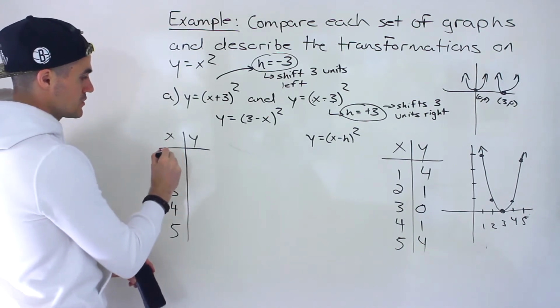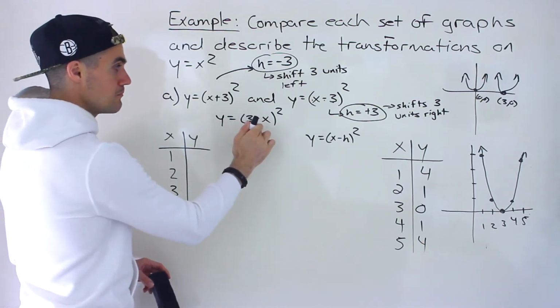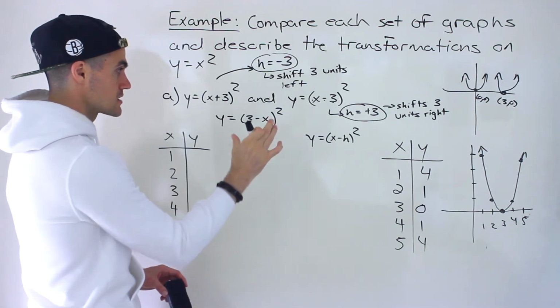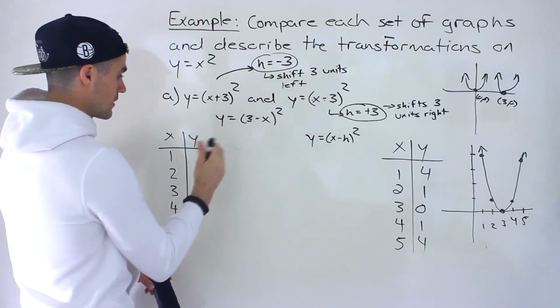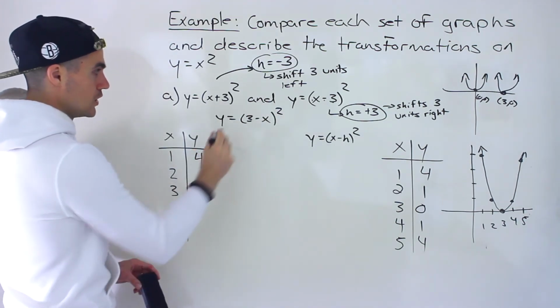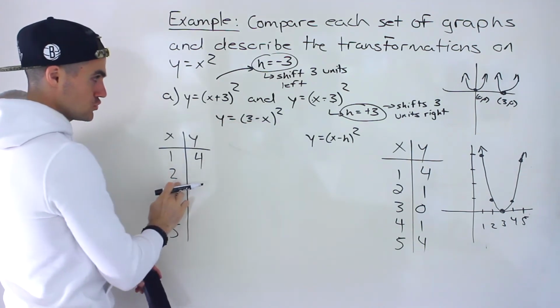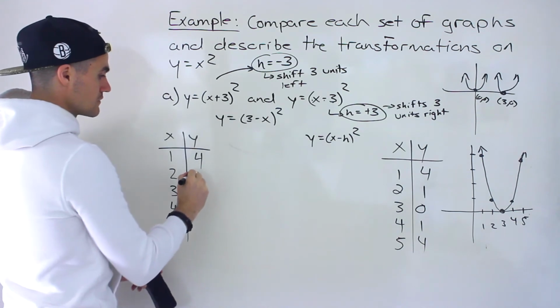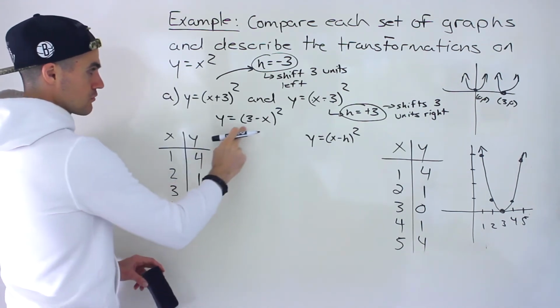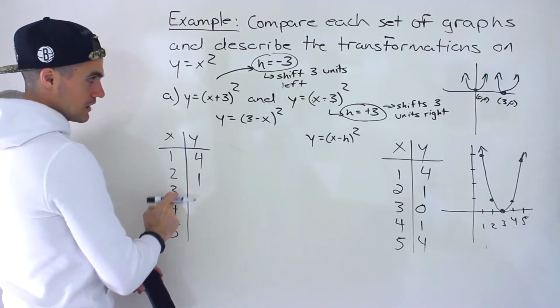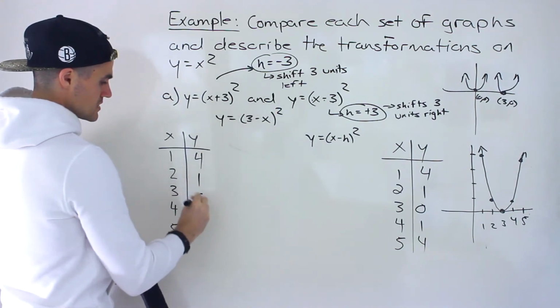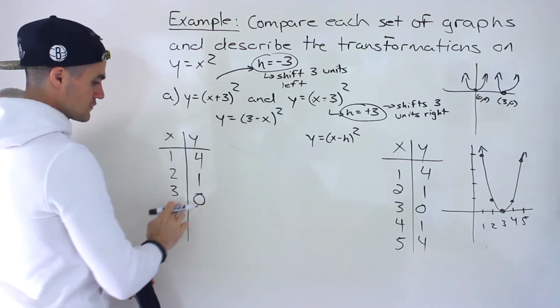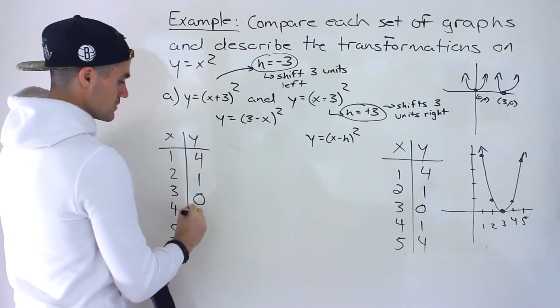So let's see. If we plug in 1 for x, 3 minus x gives us positive 2, to the power 2 gives us 4. 3 minus 2 gives us positive 1, to the power of 2 gives us positive 1. 3 minus 3 is 0, to the power of 2 gives us 0. 3 minus 4, negative 1, to the power of 2 gives us positive 1.